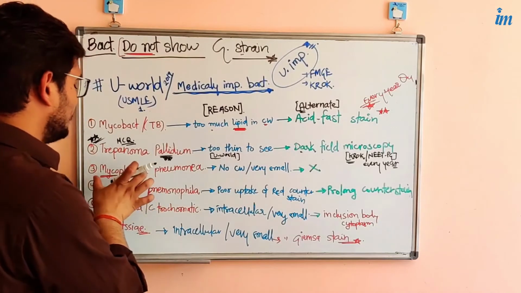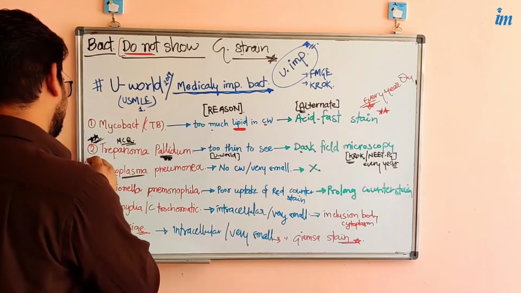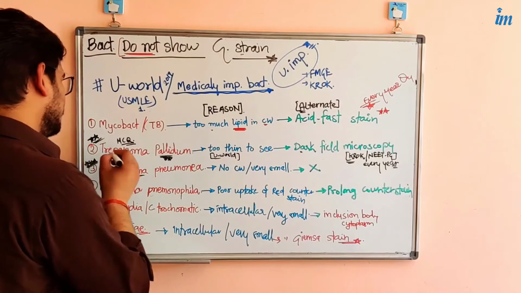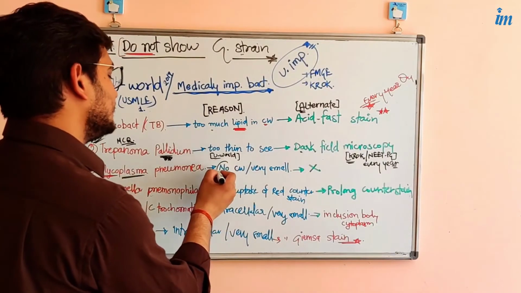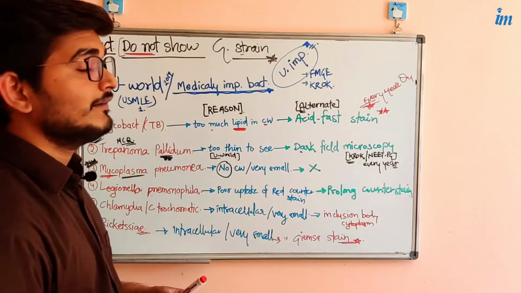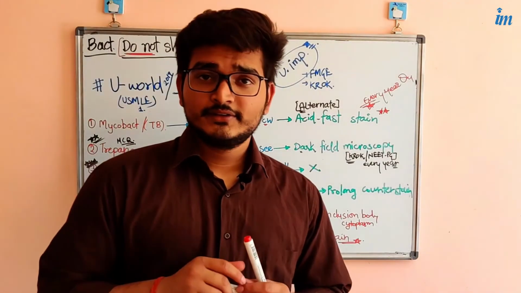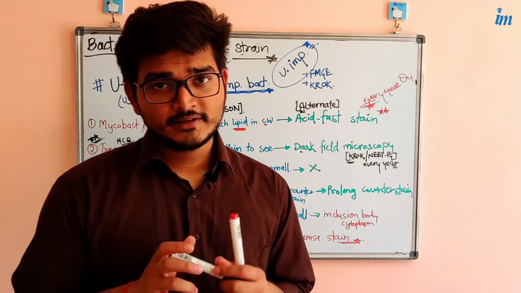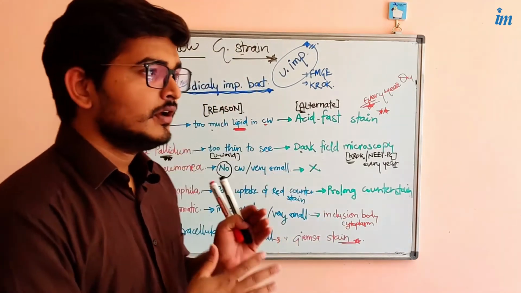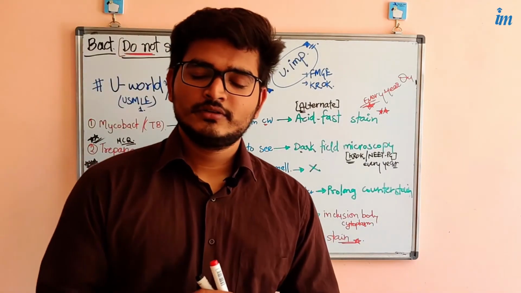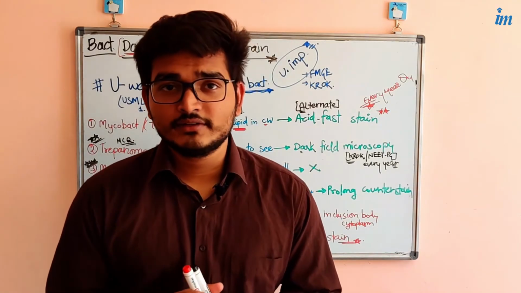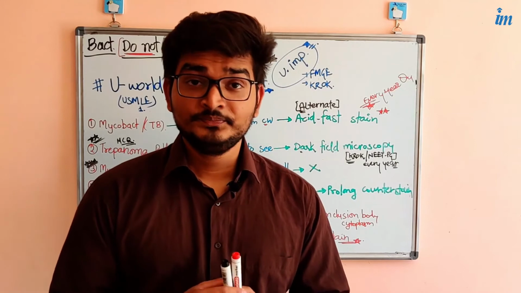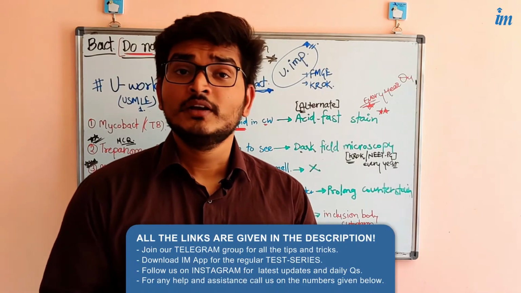Just keep in mind, because it has been asked in questions, that Mycoplasma pneumoniae contains no cell wall. If you remember your 11th and 12th class, there was an NCERT, and this sentence was mentioned there: microorganisms without a cell wall which have almost similar function to bacteria, that is Mycoplasma.